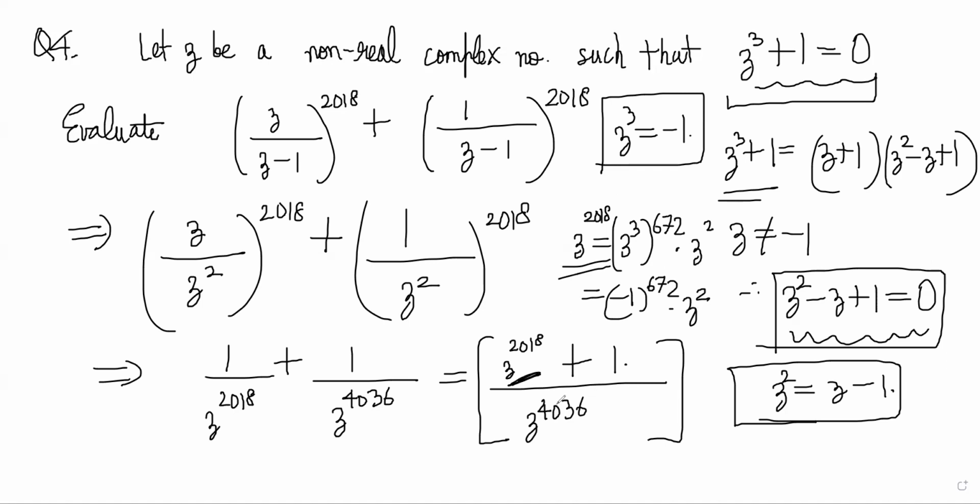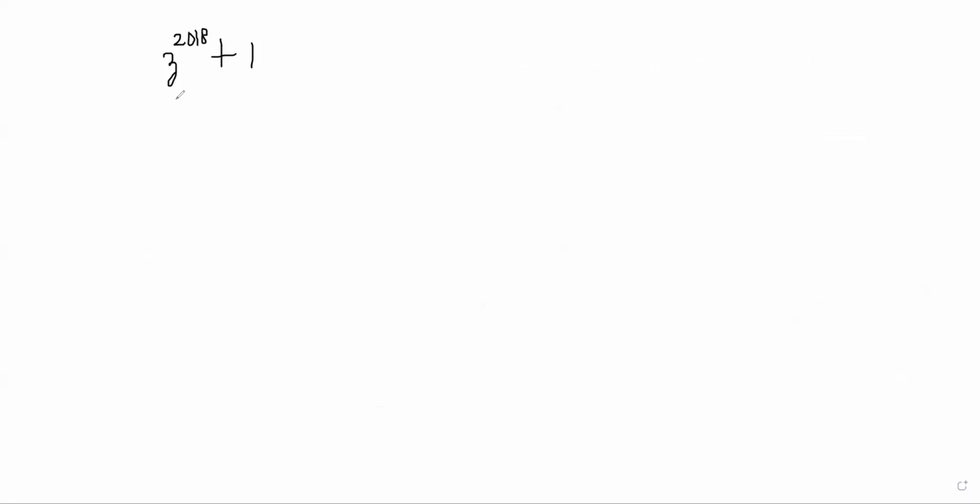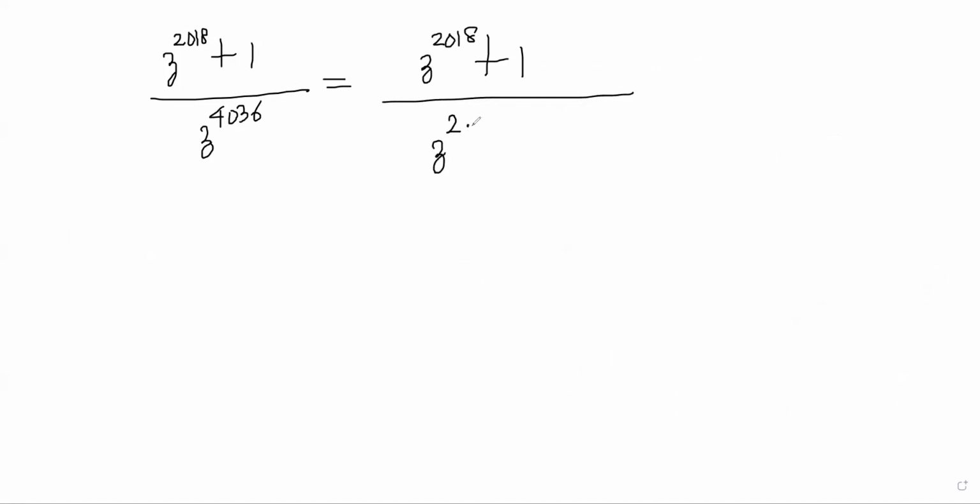So what you will get is the top part z power 2018 plus 1 by z power 4036 is equal to z power 2018 plus 1 by z power 2 into 2018, which is z square plus 1 by z square to the power 2. So that is z power 4. And how did I get this?